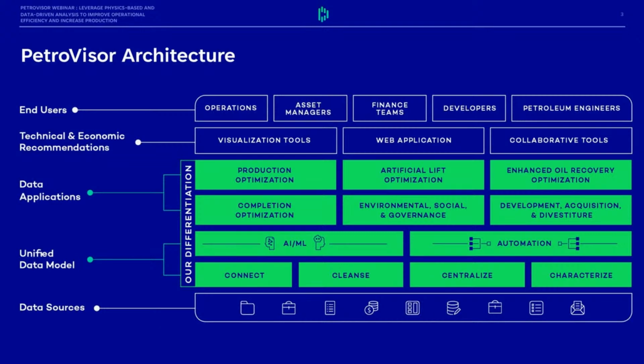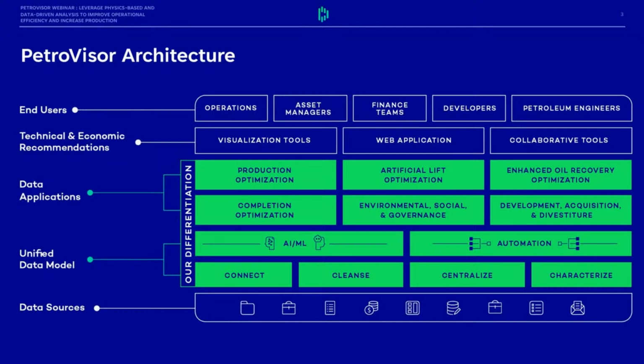These applications enable users to combine complex data analytics, physics-based modeling, and sophisticated economic modeling processes into a single unified view. Today, we'll be covering elements of the Artificial Lift Optimization application, which is built natively within PetroVisor and allows your team to focus on improving mechanical integrity and increasing production output.